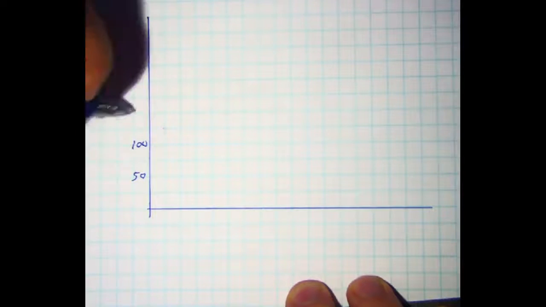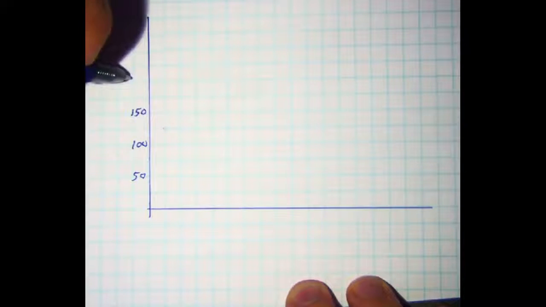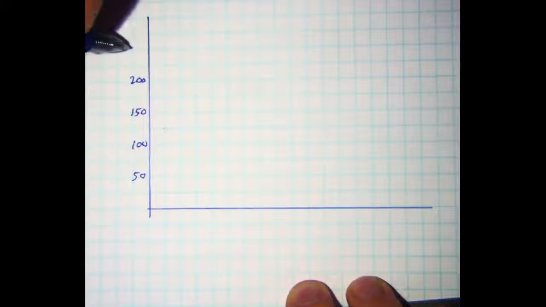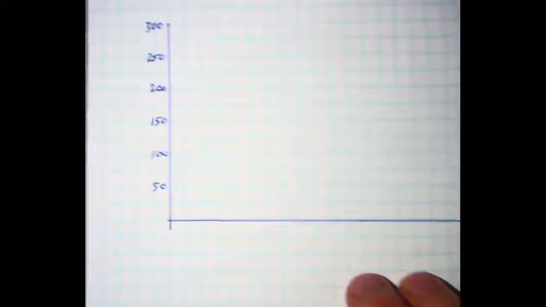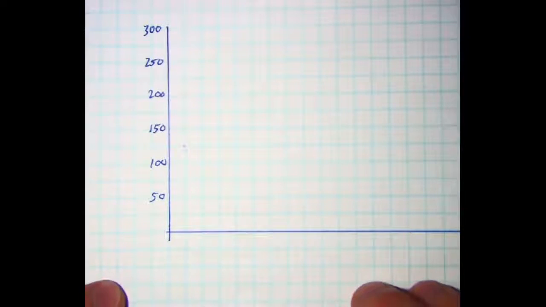So this time I'm going to count by 50s on the y-axis, because in reality it's not going to be all these nice numbers all the time. If you're talking about the money that a company makes, it could be in the hundreds of thousands or the millions, something really, really big. And we could be plotting over maybe just years.